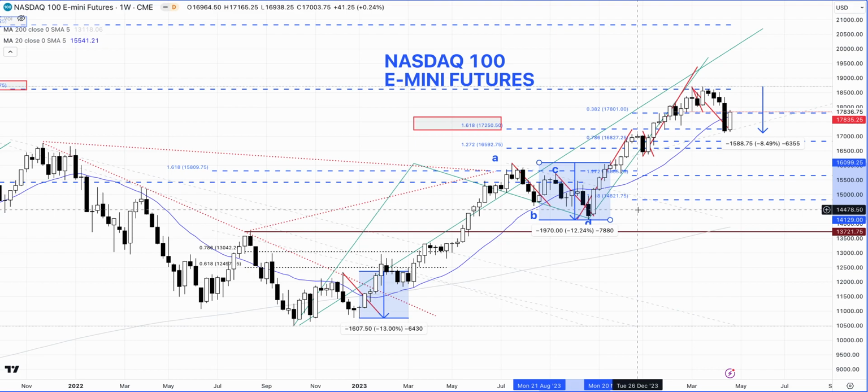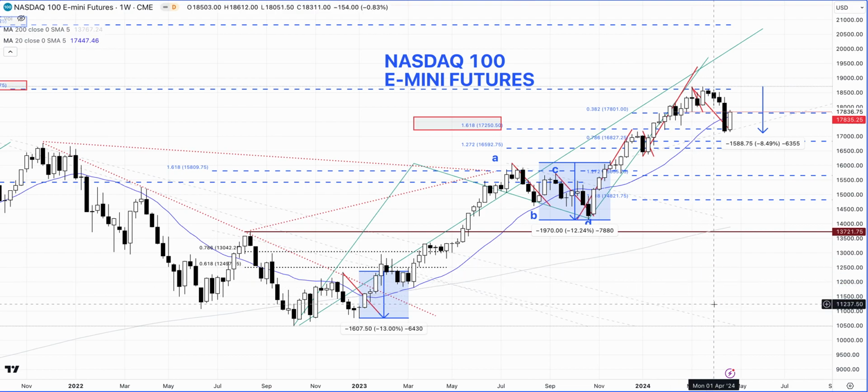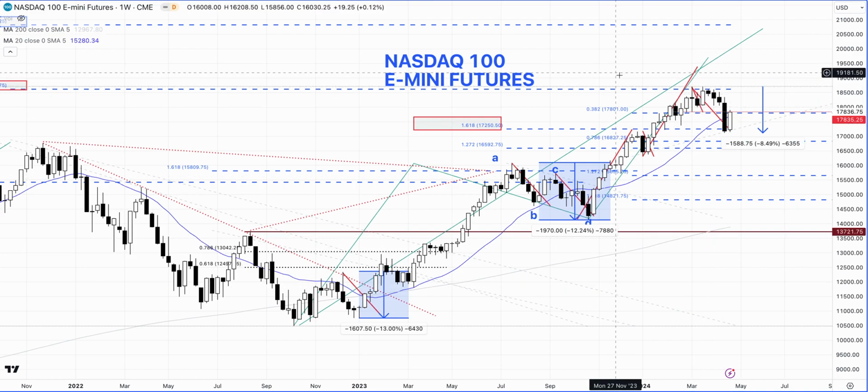Okay, then this correction was about 12.24%, and then this one was, it's already there. So let me get rid of this tool here. It was 13%. So in the percentage terms, just like the S&P 500 cash we took a look at, this move down is actually a little bit lower, and there is approximately 4 to 5 percentage points based on these previous corrections that is perhaps possible.